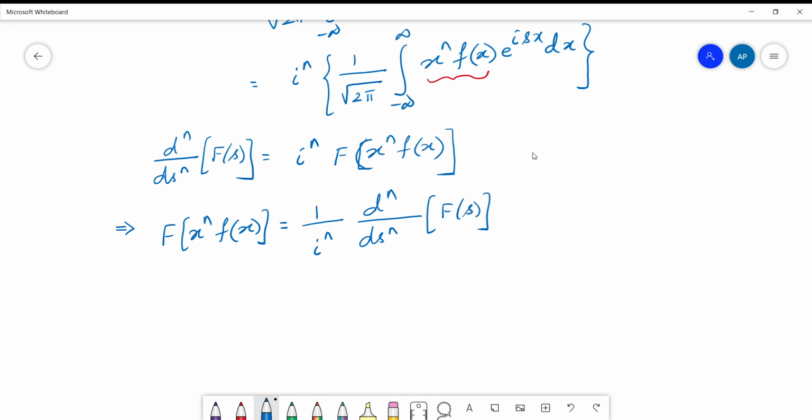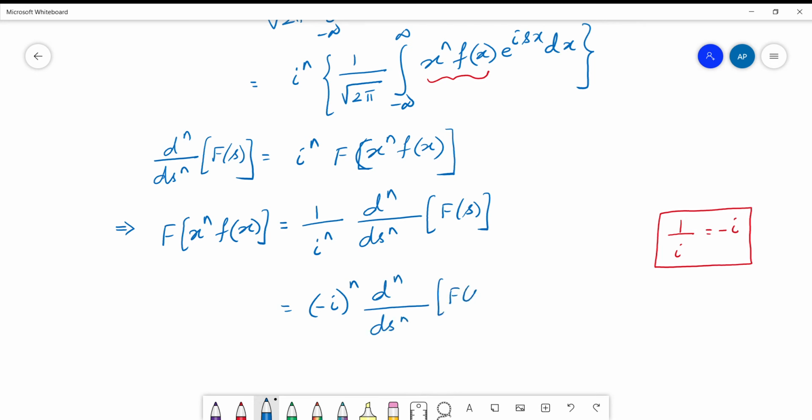But I'm sure all of you agree that 1 by i is nothing but minus i. This result all of you know. And therefore 1 by i power n is nothing but minus i whole to the power n, d power n by ds power n of F of s, is equal to Fourier transform of x power n into f of x. So that's the result that we wanted to prove.